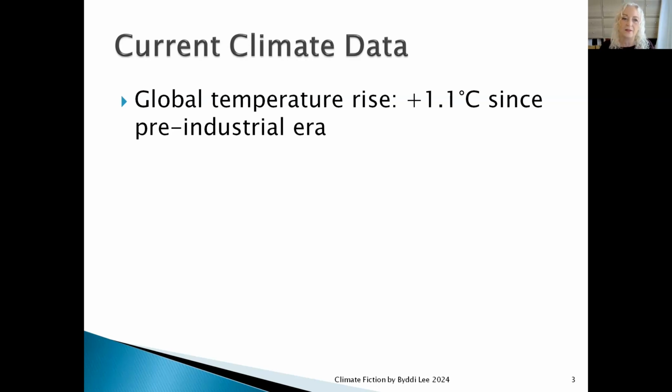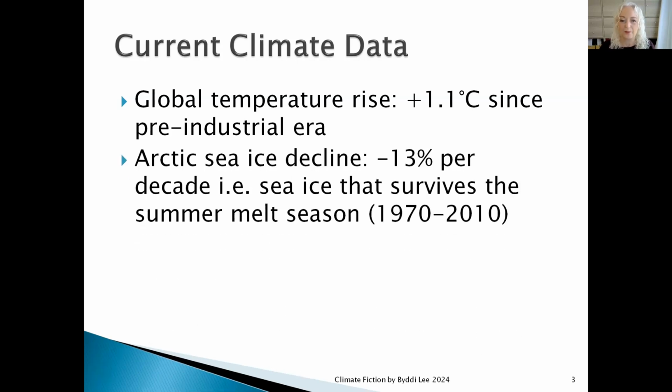So that's part of this thing about having the information really succinct so that we know what we're talking about. Another example of this was the Arctic sea ice decline. I came up with minus 13% per decade, and I was like, well, what does that really mean?